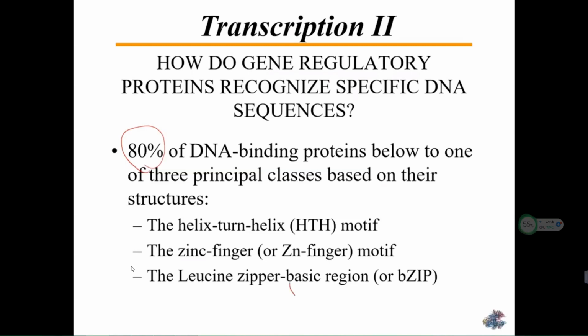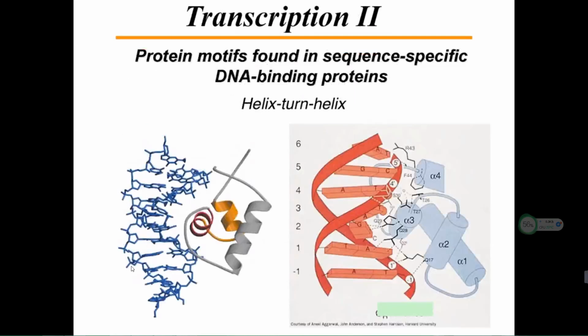Okay, so again, another representation of the helix turn helix motif that we see in DNA binding proteins. So here would be our DNA binding region. Here's our helix turn helix. And again, there's a key recognition helix, so recognition alpha helix that makes the correct H bonds within the double-stranded DNA.